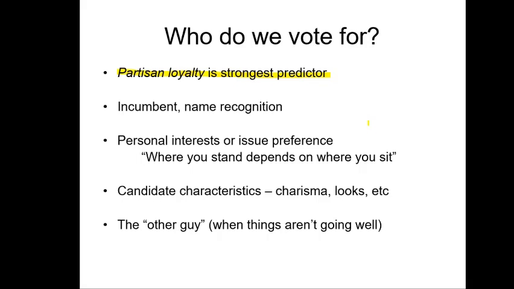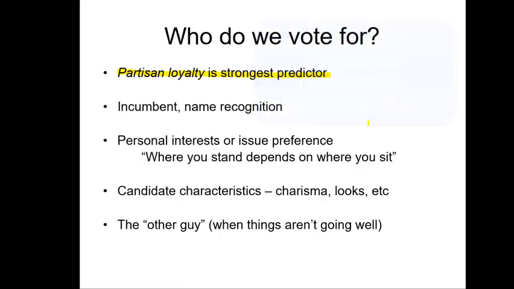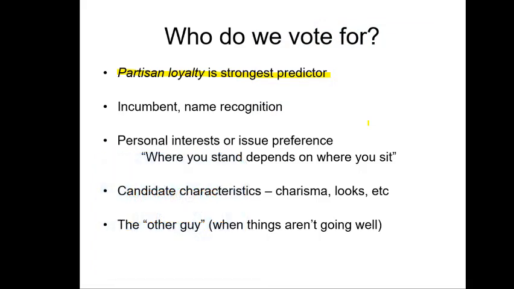So therefore that lends us right back to the proportional representation system. If it doesn't matter who the person is, you're just voting for the party, right? Well, that's what happens amongst 2/3 of Americans. We know that about 1/3 of Americans are loyal to the Republican Party and will vote for the Republican regardless of who the candidate is. We know that about 1/3 of Americans will vote for the Democratic candidate regardless of who that candidate is. That's loyalty.